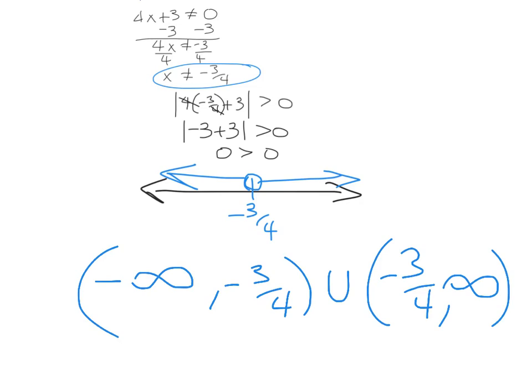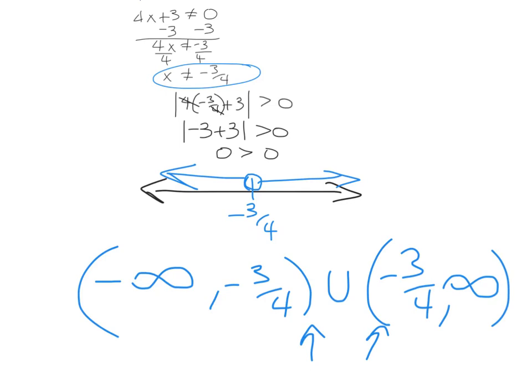And what these parentheses indicate is that once you hit the -3/4, it can't include it. It's just like a stopping point, and then the other side is the starting point. So be careful when it's a negative number on one side and the zeros. Those are going to be the special situations.